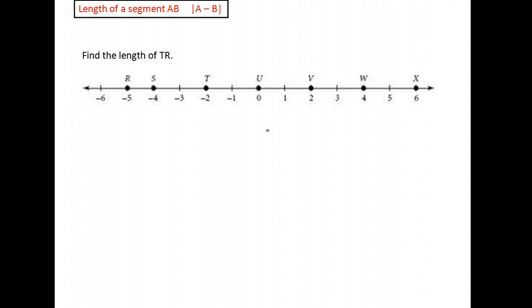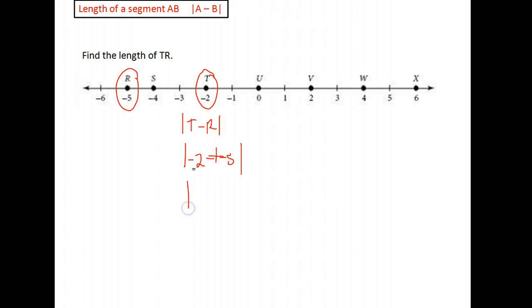All right, next we're asked to find the length of TR. So again, we follow that formula. We take the coordinate of T minus the coordinate of R and do the absolute value. T is located at negative 2, minus R, which is located at negative 5. We'll do our operation there. Minus a negative, remember that becomes a plus.